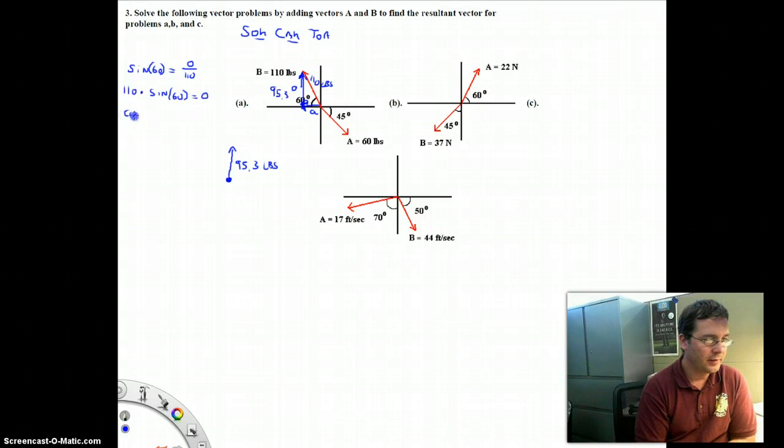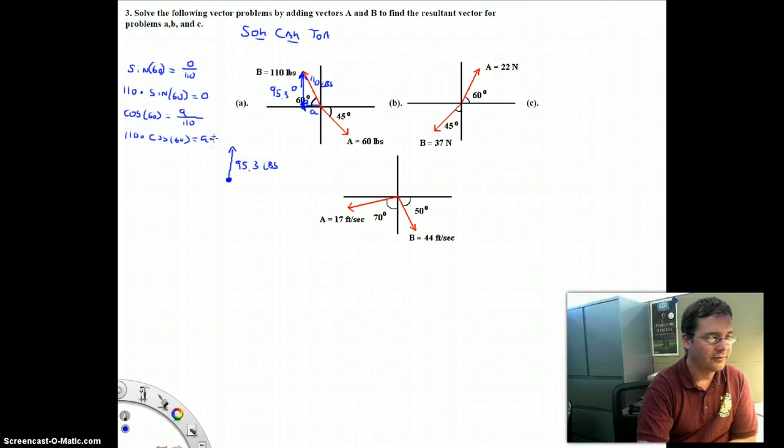So again, cosine of 60 degrees equals adjacent over the hypotenuse, which in this case is 110 pounds. 110 times the cosine of 60 equals the adjacent side length.